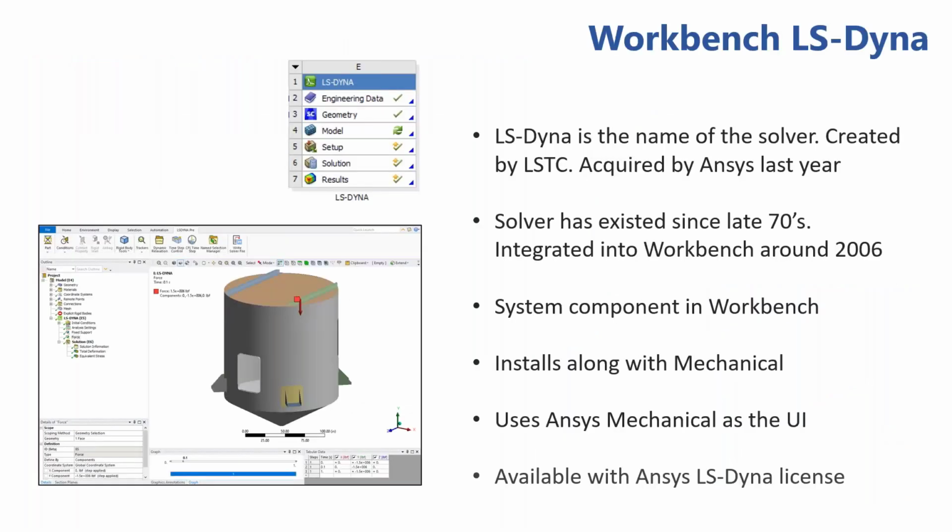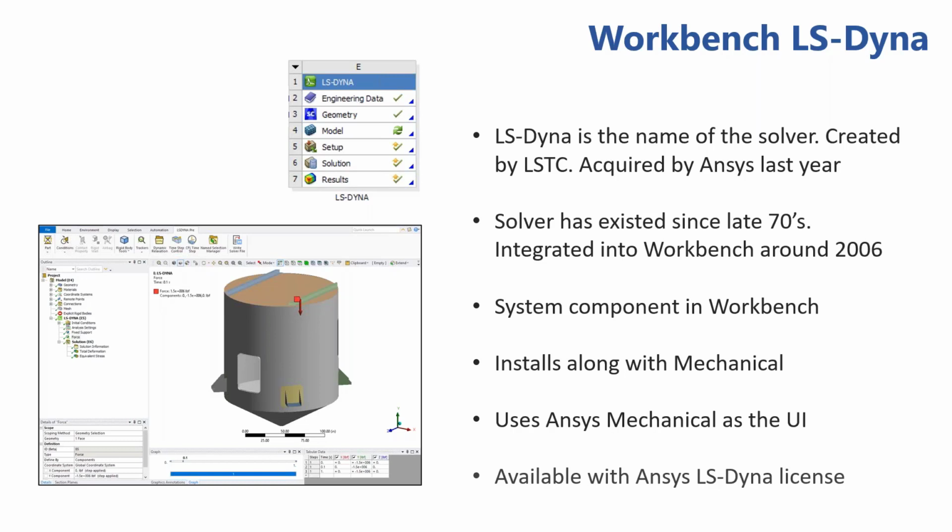So contrast that with Workbench LS-DYNA, and a few of the key facts about that tool. LS-DYNA is the name of the solver itself. It's not an all-in-one solution. It's been around since the late 70s. LS-DYNA is created by a company called LSTC, and they were acquired by Ansys last year. There has been a version of LS-DYNA available through Workbench since 2006. It's actually been available with Mechanical APDL since the 90s, I believe.